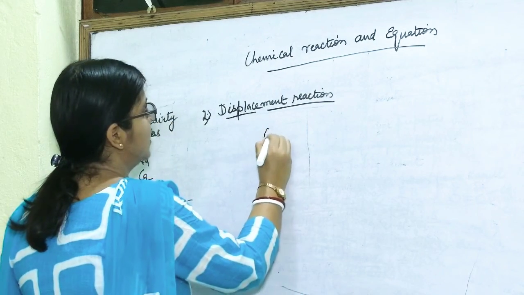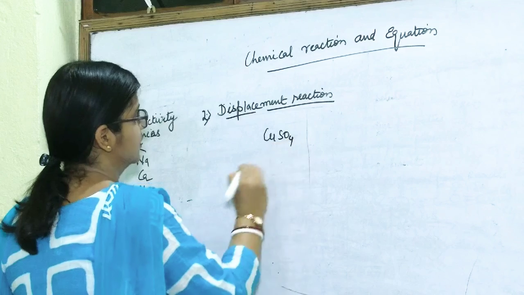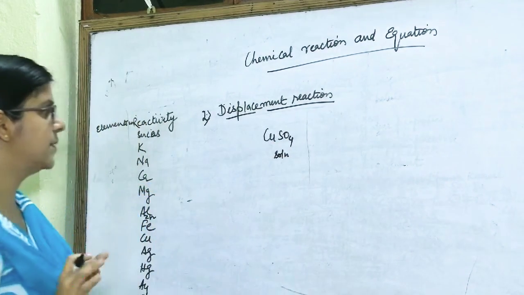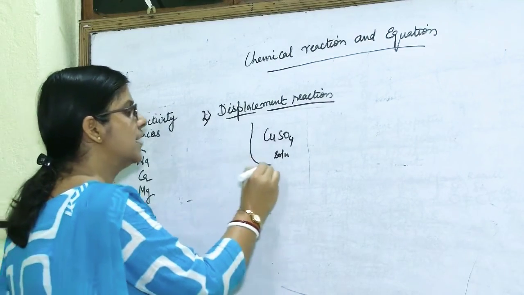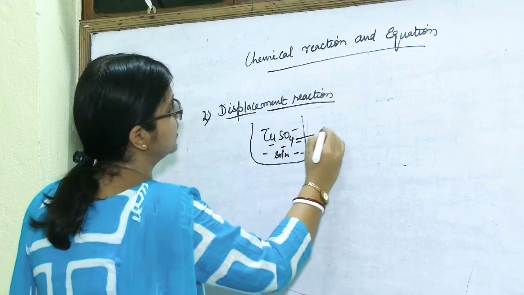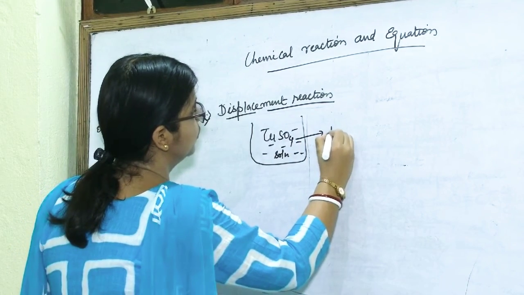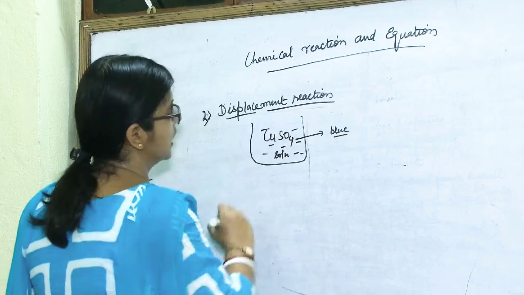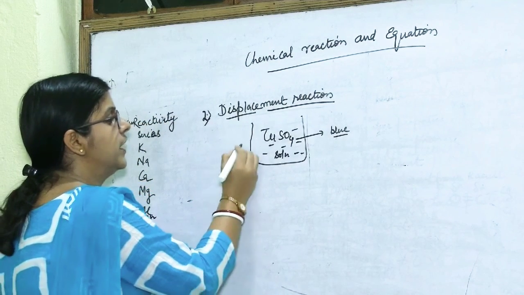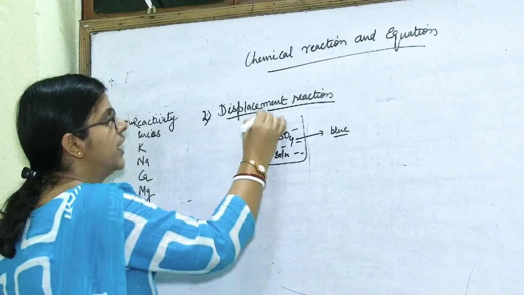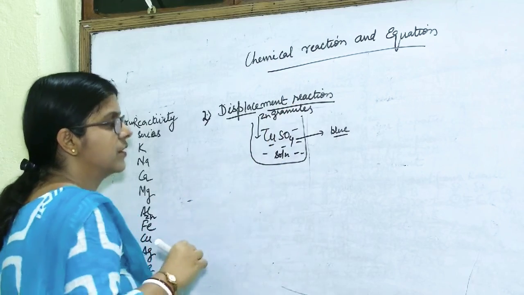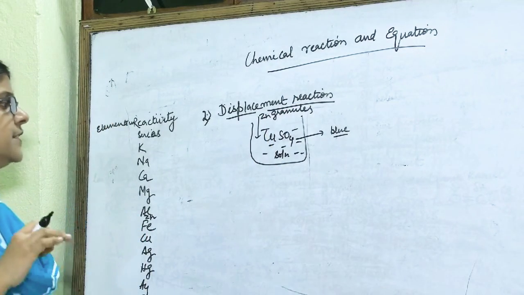Suppose you are given copper sulfate solution. What is the color of copper sulfate solution, students? The color of copper sulfate solution is blue. Now, if you add some zinc granules to it, then what will you see?